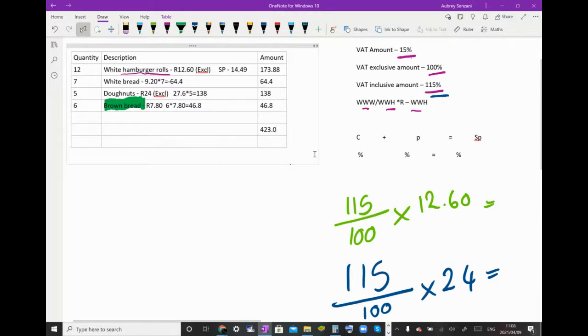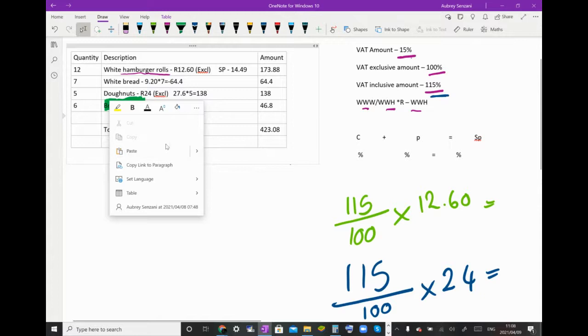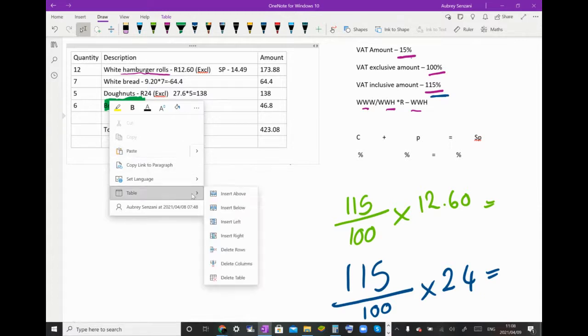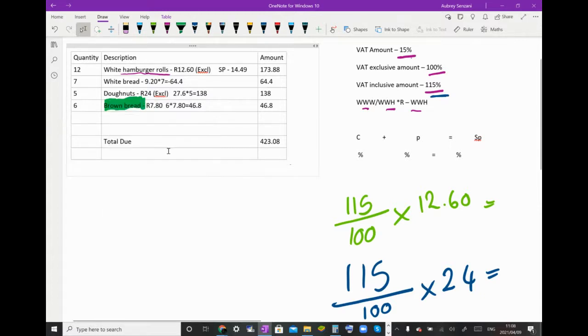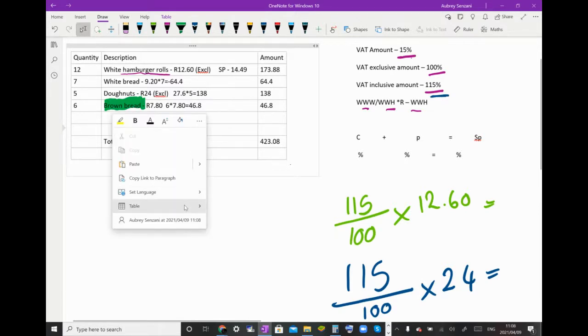But I think it would be best for us, and I'm going to label this as total due, because at the end of the day, we are going to pay that amount. Then, you know what we're going to do? Let's insert one below. Insert another one.